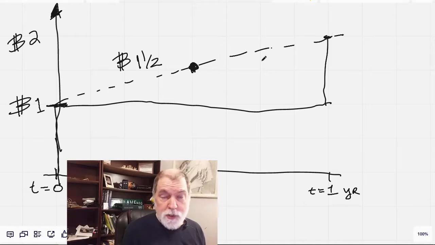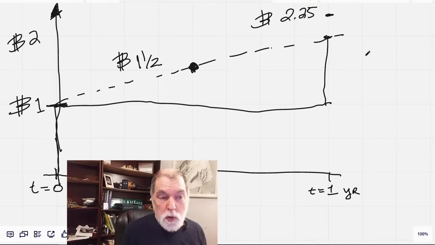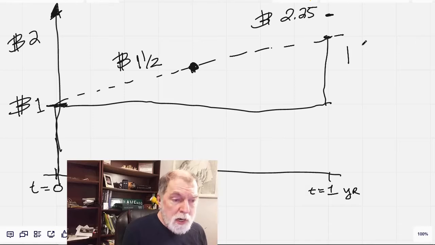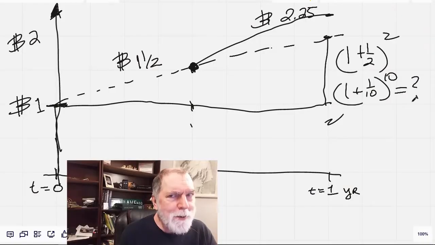You're going to get the interest on the original Bitcoin plus interest on the half Bitcoin, and you'll end up with 2.25 Bitcoin. That's your 1.5 Bitcoin compounded twice. What if we compound it more frequently? What are you going to end up with at the end of this 1 year?